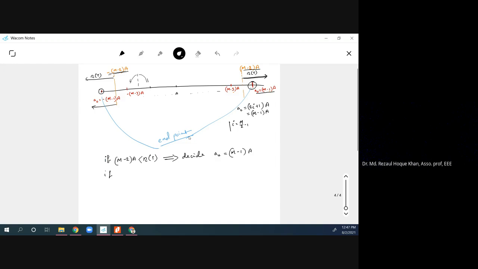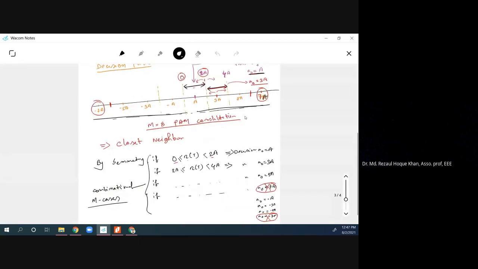Or if the opposite one, if RT is greater than minus m minus 2a, then this side is equal to minus m minus 1a, right? So these two decisions will be added to our decision list here, then the m case will be completed.